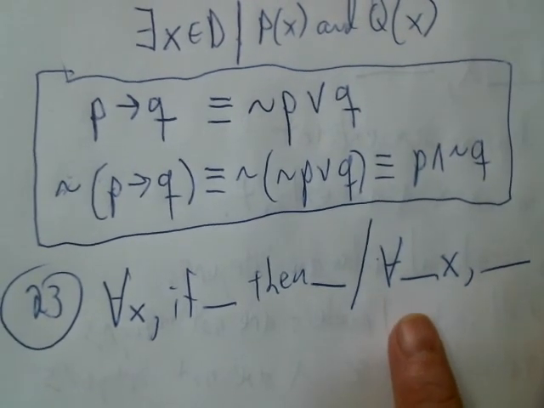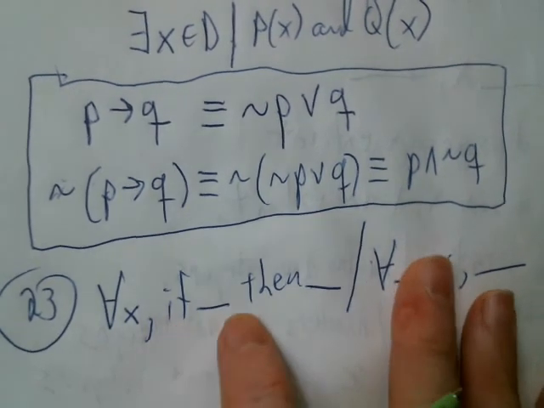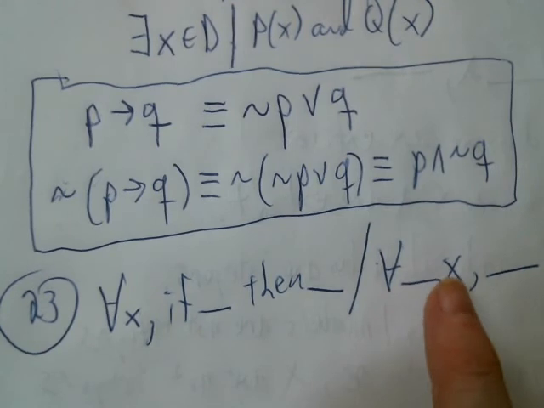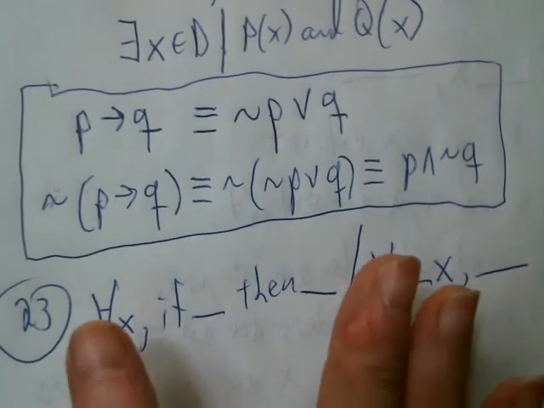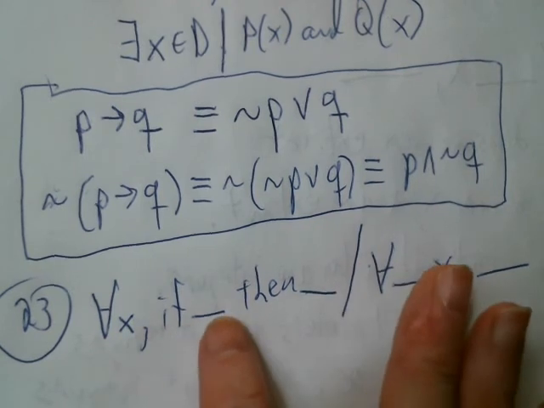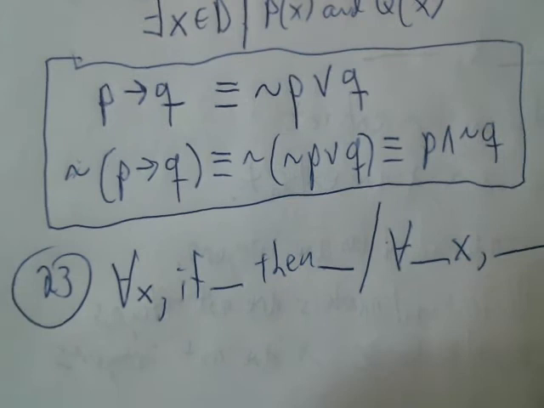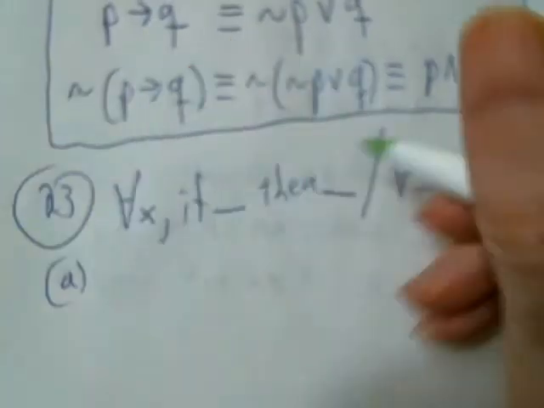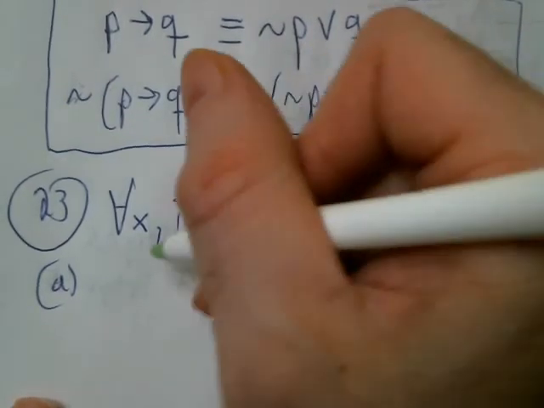So you could basically take the universal statements we were looking at earlier and turn them into if-then statements, where the if part is usually the domain. So for all real numbers x, x is divisible by 2. Over here, for all x, if x is a real number, then x is divisible by 2. So you can play that game. Anyways, let's see what they have in the book. Part A, all equilateral triangles are isosceles.